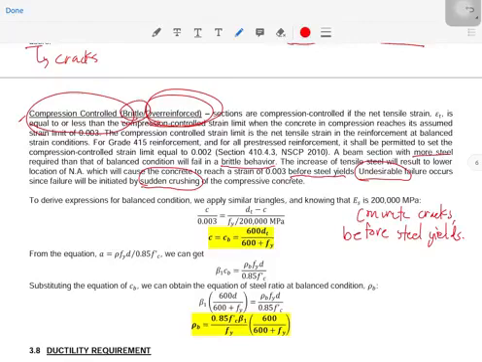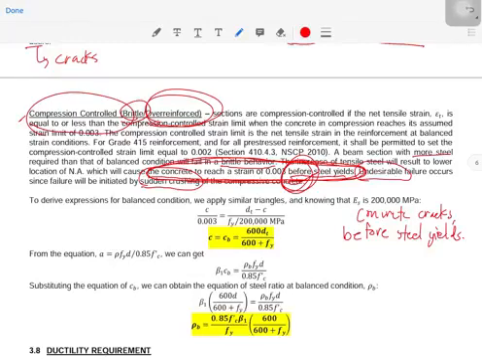Okay, so that was mentioned also here, that the concrete will reach a strain of 0.003 before steel yields. Okay, so I hope it's clear already that the most desirable design would be the tension control design, or the under reinforced design, or the ductile design.